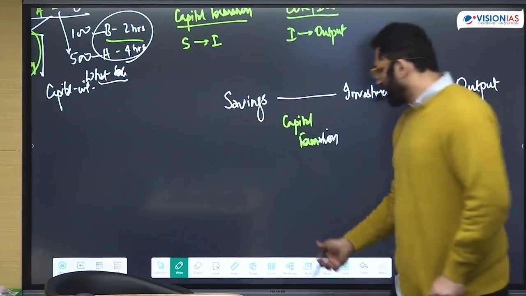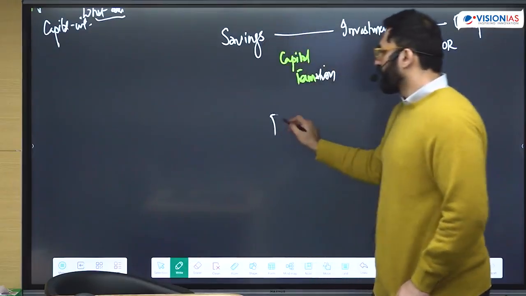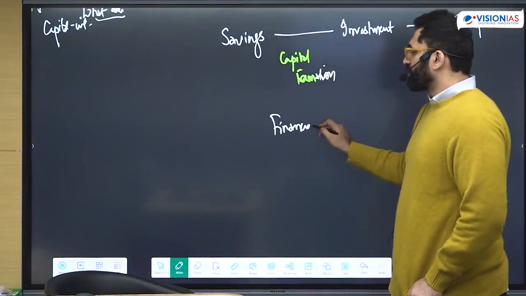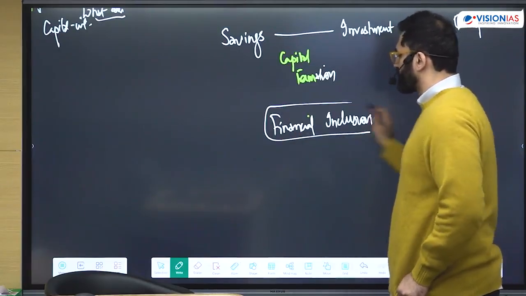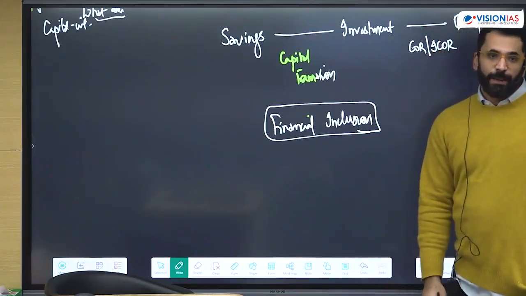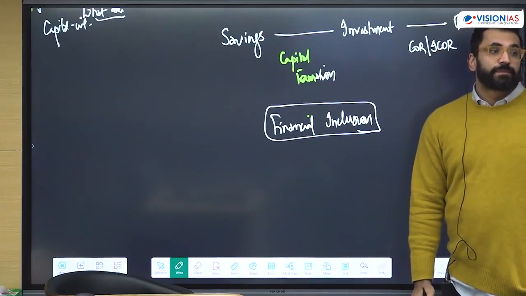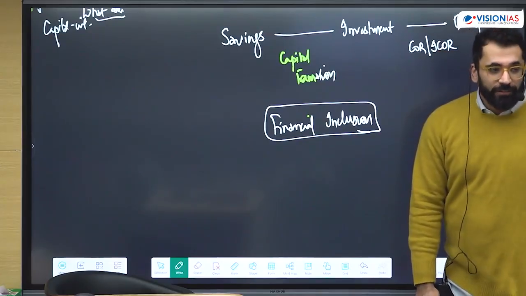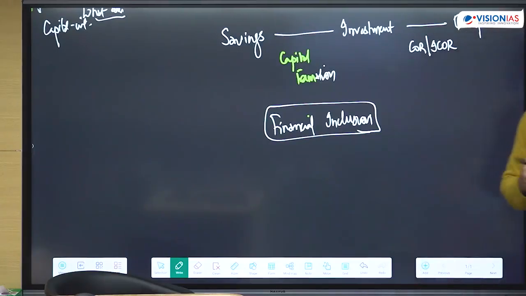This is why the government will focus on creation of financial inclusion. We'll end with this term. What is the meaning of financial inclusion? Delivery of financial service. What financial services? Banking.